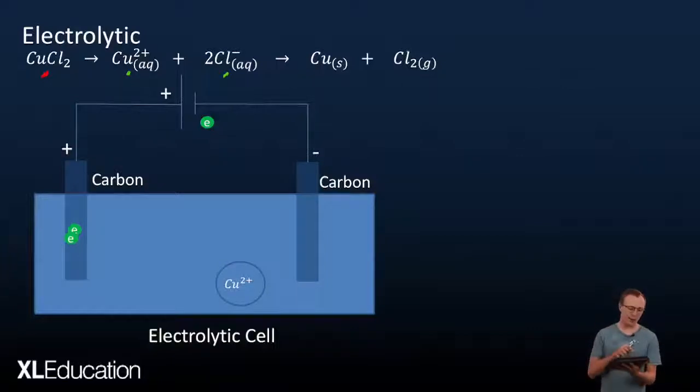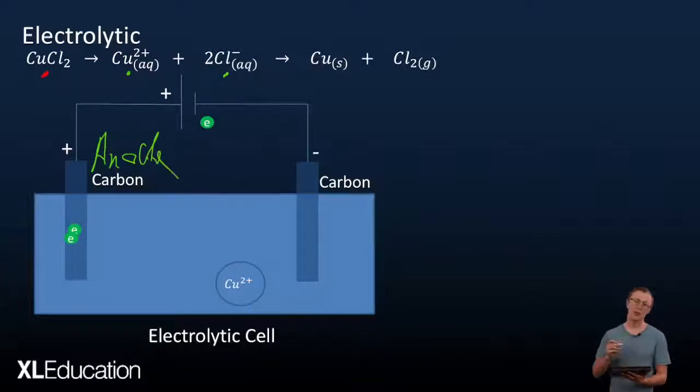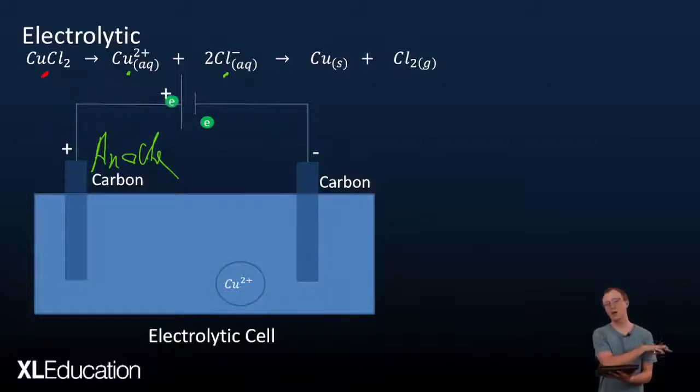Right. Then those electrons that the chlorides lost, so the chlorides lost electrons, so they underwent oxidation, which means that this is the anode. So the chlorides lost those electrons, those get drawn up to the positive terminal of the battery.